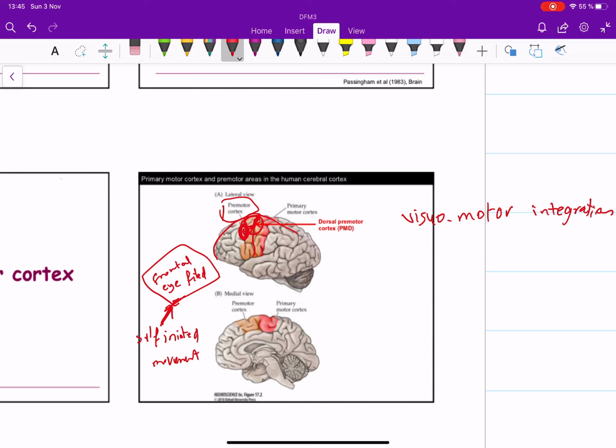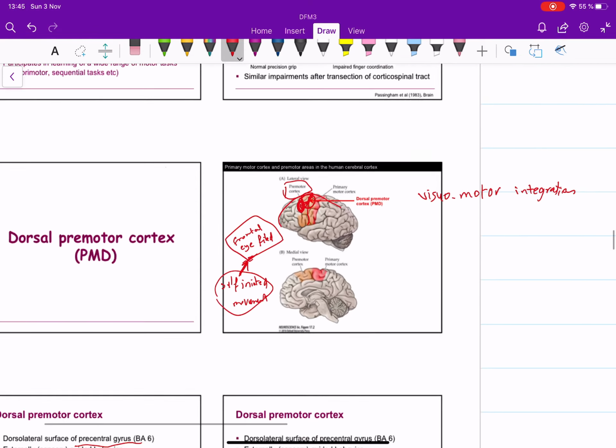For example, if I want to look at the clock and there is no stimulus that says to me look at the clock, that's what I want, not for example a sound of an alert or something like that.